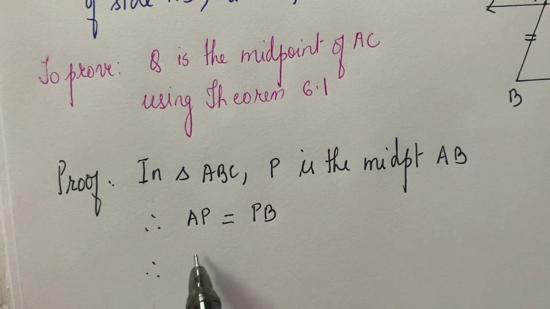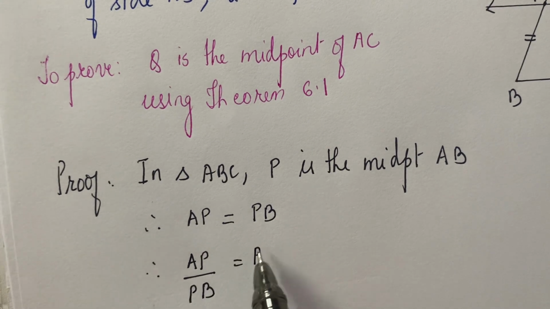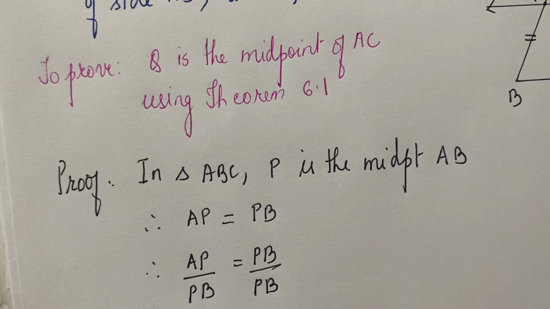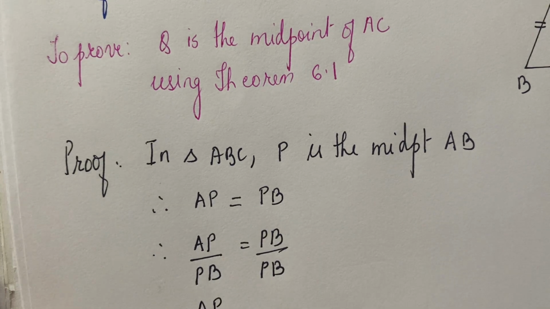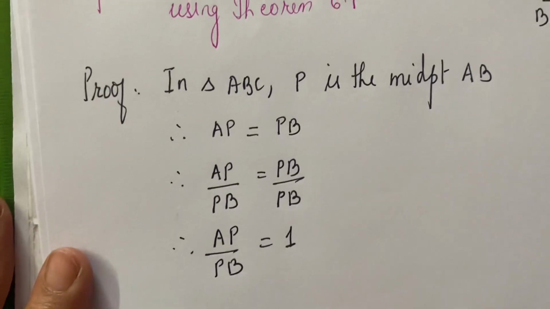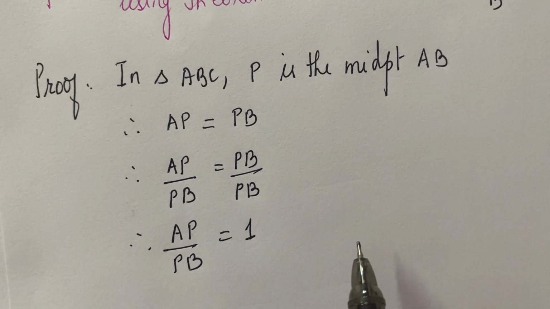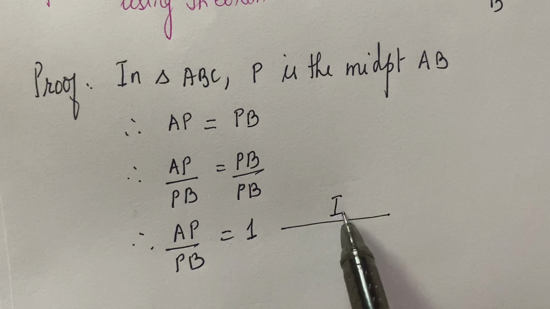Now, if we take it in the form of a ratio, I am dividing this equation by PB to get the ratio AP is to PB. So what do we get? AP upon PB is equal to 1. This is your equation 1.